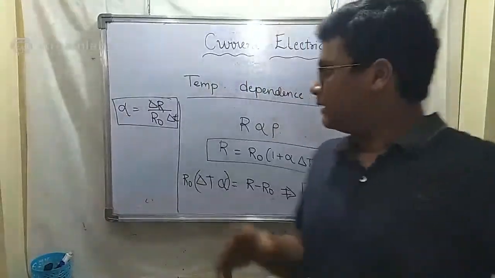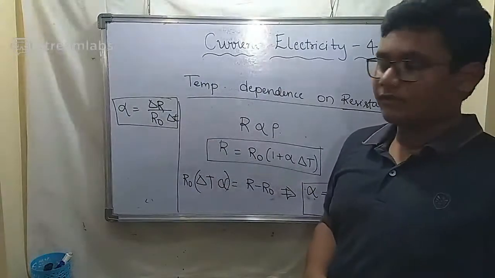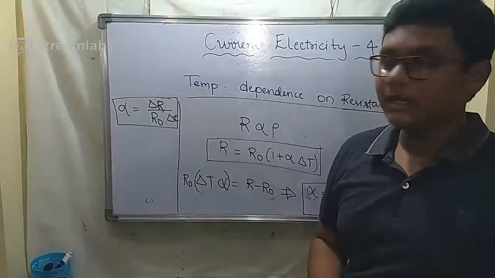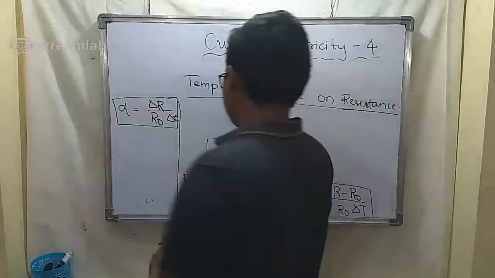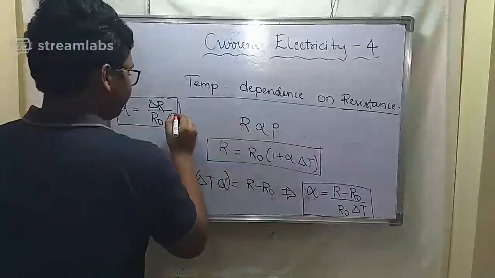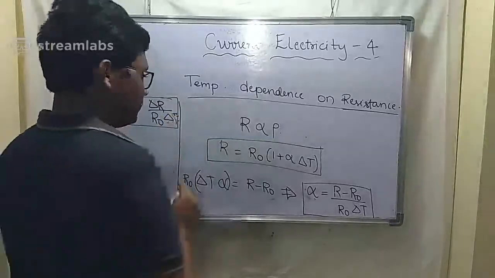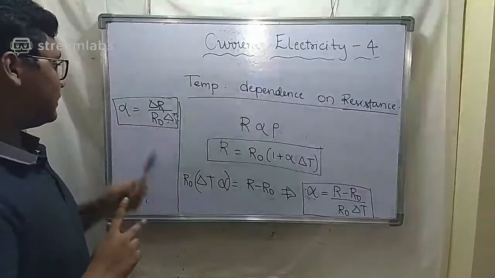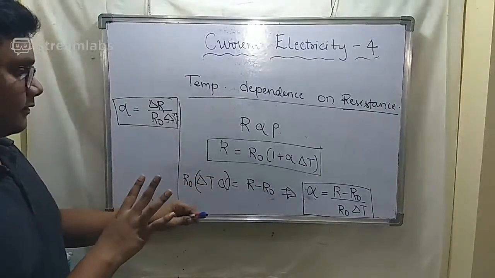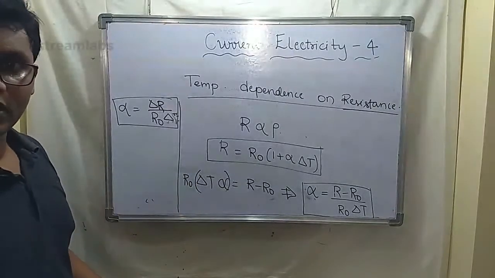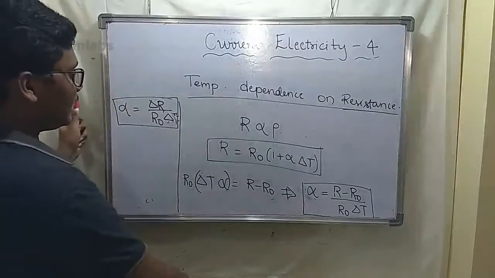That is the temperature coefficient. Alpha is equal to delta R by R naught into delta T. This is the temperature dependent case.